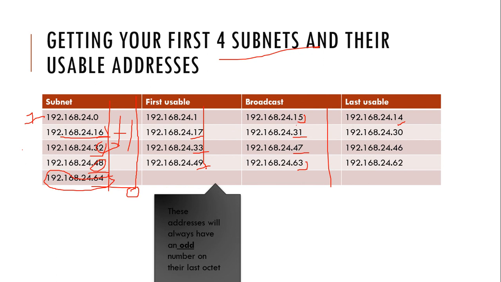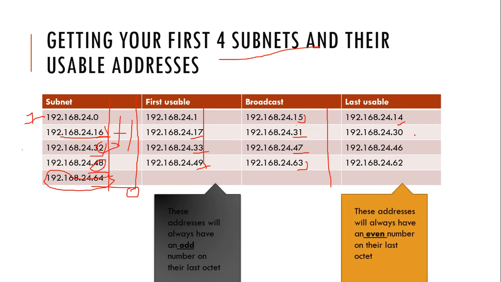And you can also check these ones. These addresses will have an even number on their last octet, and this doesn't change. If it's an even number on your first usables, know that something went wrong. Then you must go back and try again. Okay, thank you very much.